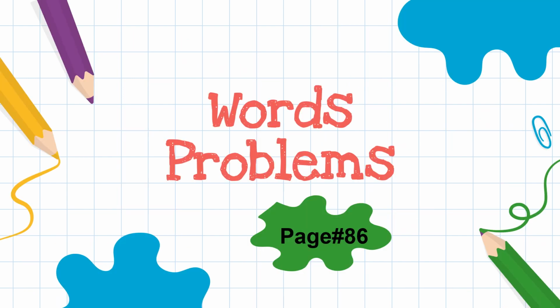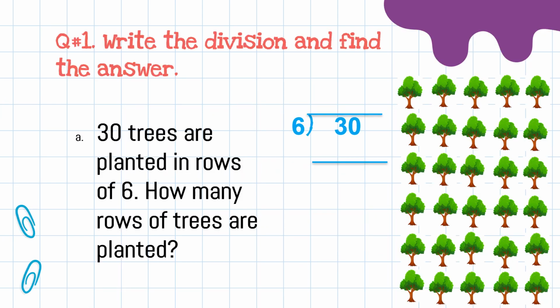Word problems, page number 86. Question number 1. Write the division and find the answer. Part A: 30 trees are planted in rows of 6. How many rows of trees are planted? First, we will write this question in long division form and divide 30 by 6.